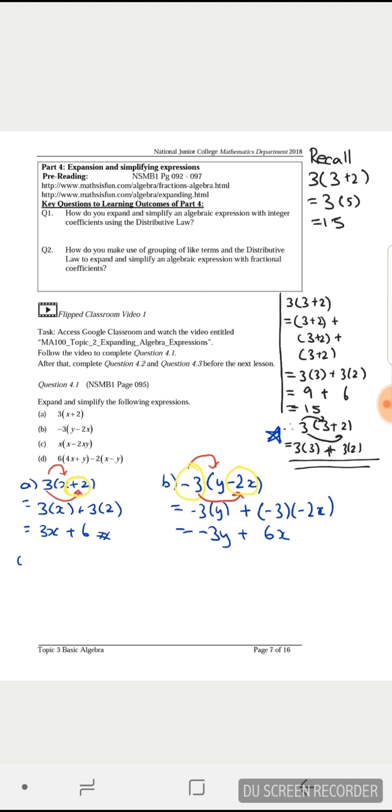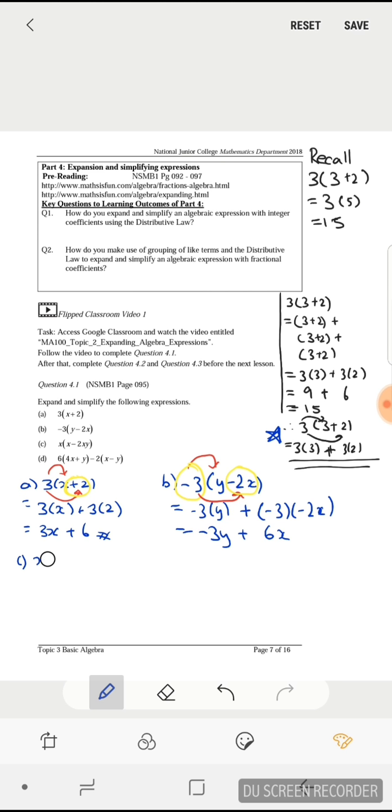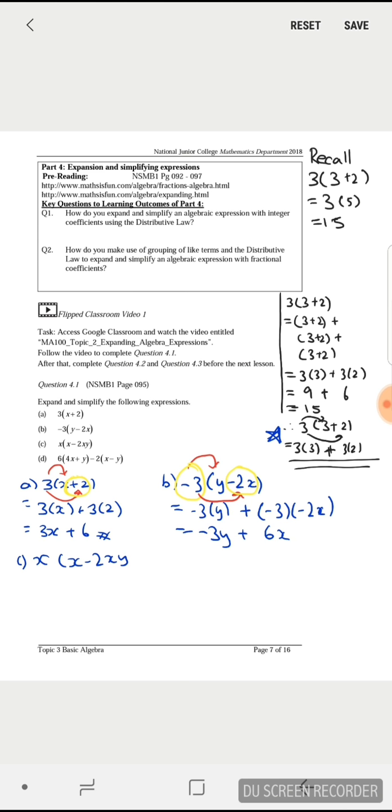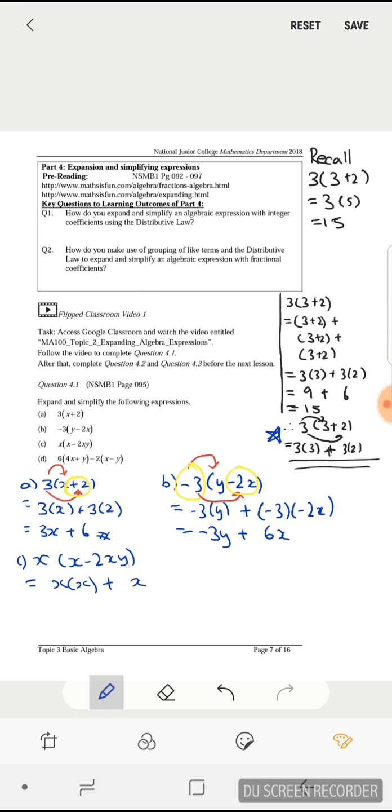Now let's look at the next question. Question C. You have x multiplied by x minus 2xy. Can you apply the same idea? So x multiplied by x, and then you write down plus x multiplied by negative 2xy. Yes, negative 2xy.